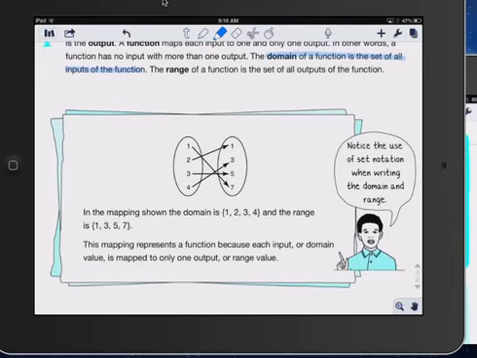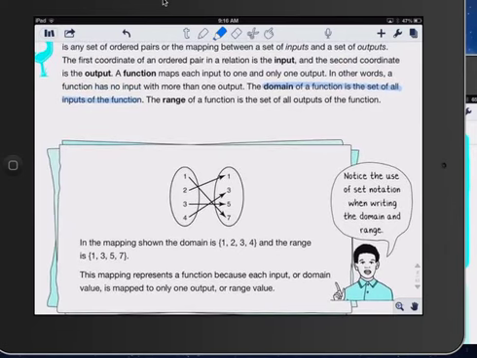Group leader, read the definition of domain. Domain of a function is a set of outputs. Okay? Who after that can define what a domain is? Domain of a function is a set of all inputs of a function.